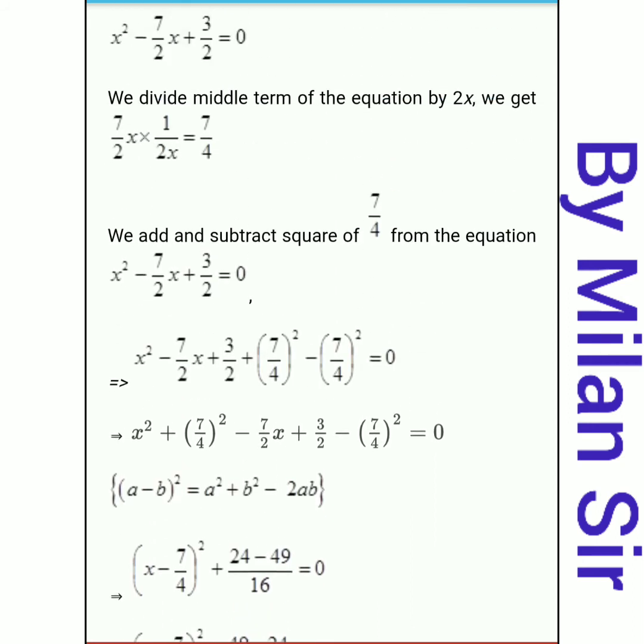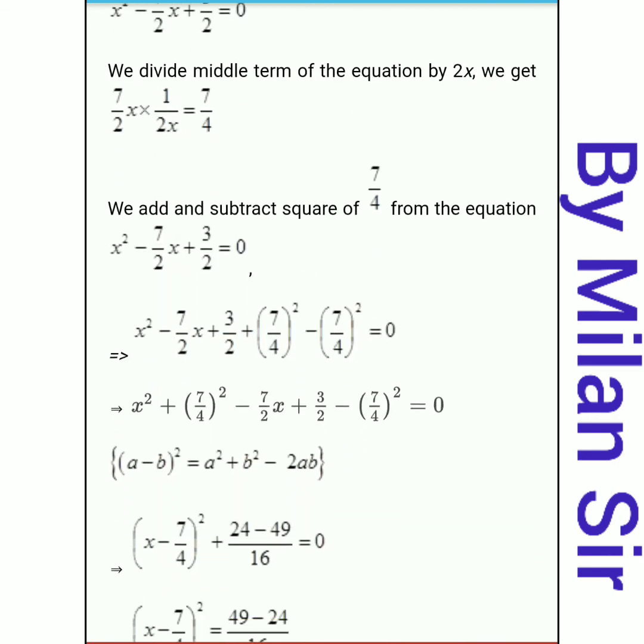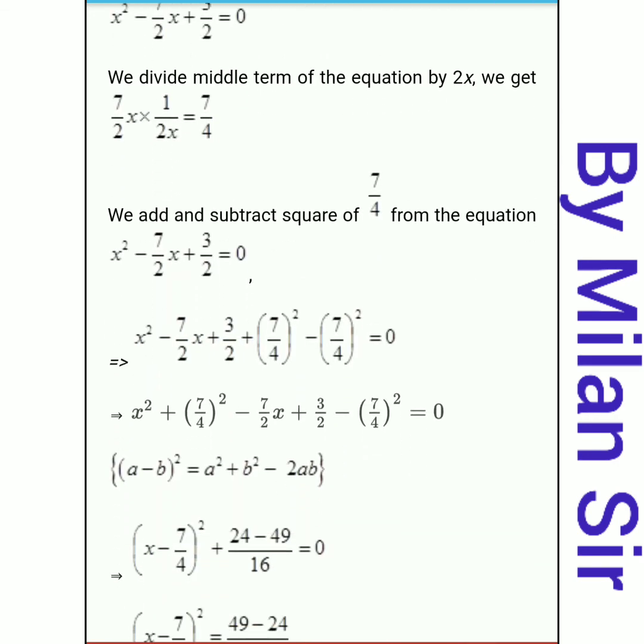Okay, in the first method, first of all we need to remove this 2. Then the middle term we need to divide by 2x. Then whatever number we get here, with that number we need to add here and subtract here, and apply the square. Then we consider the 3 terms, first, second and third, and simplify the other 2 terms.